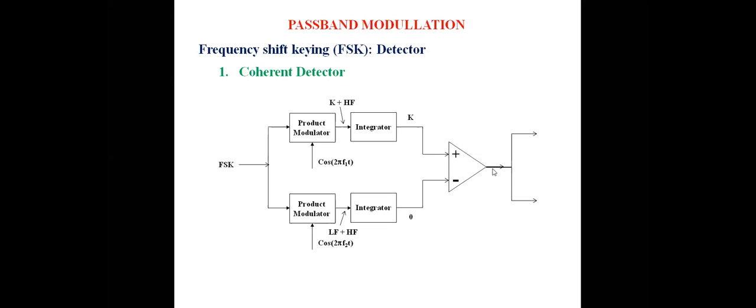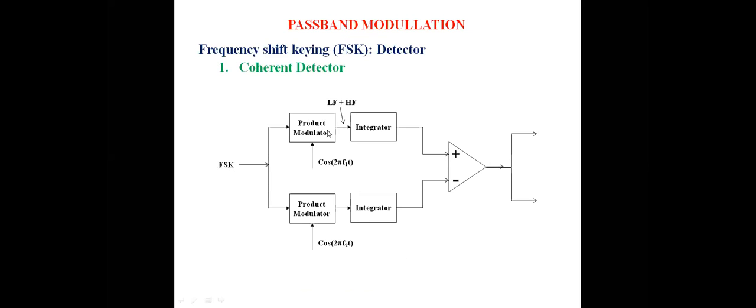The difference is positive because output is equal to this input minus this input. Here the input is k, here the input is 0. k minus 0 is k only, some positive value, and it will be decoded into 1. Similarly, if input is an FSK with F2, then what will happen?